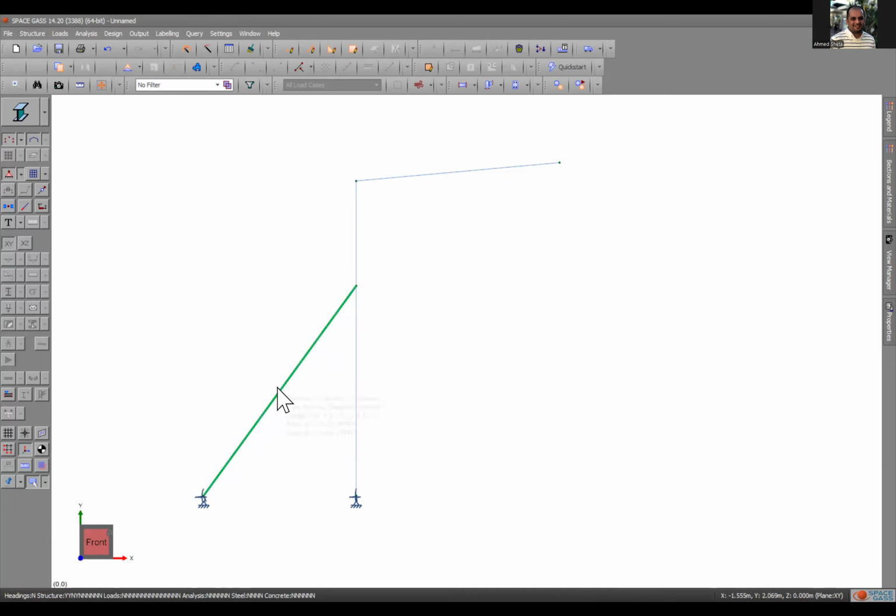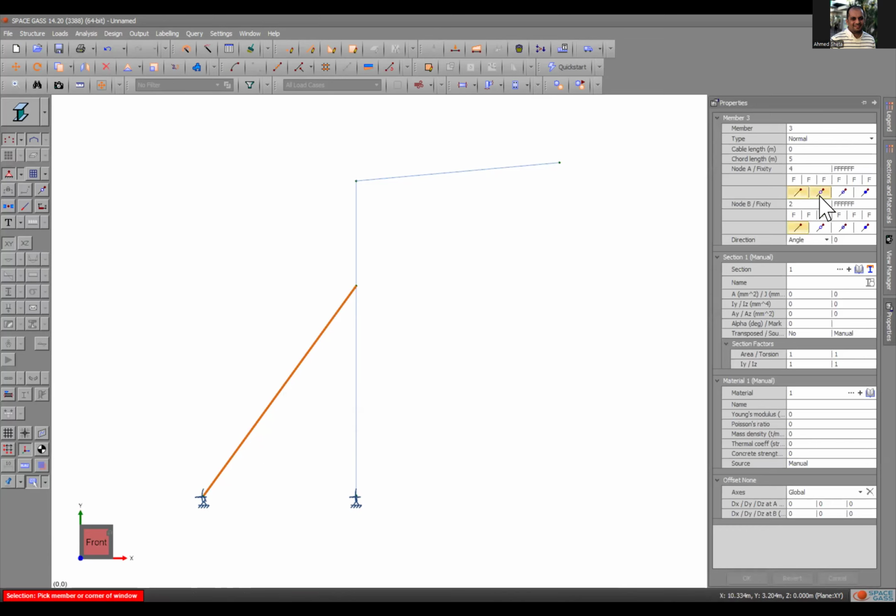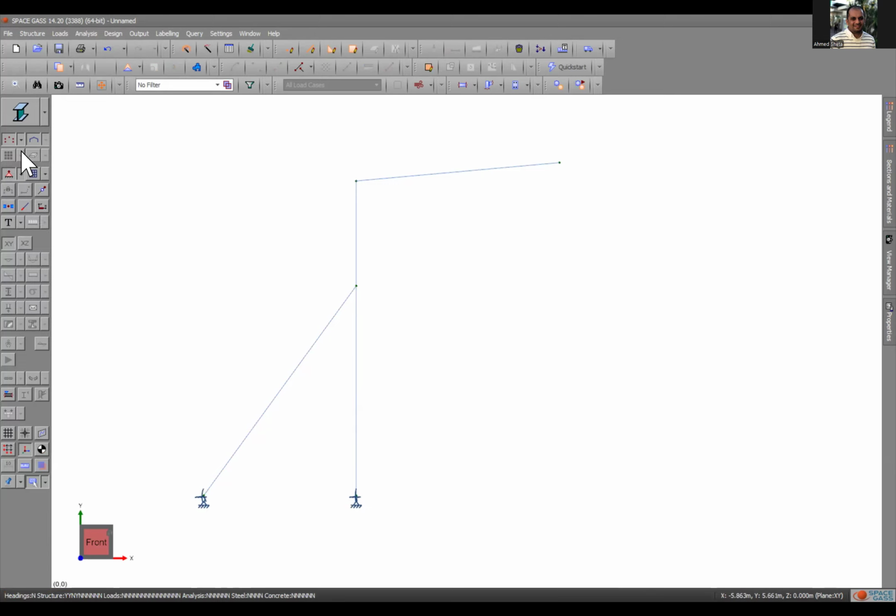Then we select the link member. We need to select this member, and from properties, we make the end release, the end restraint for this member, to make it a tie. If you want to show the end release, you need to click this option, which is the end release. So now we have the tie member here. We have this member as a column. We have this member as a rafter.